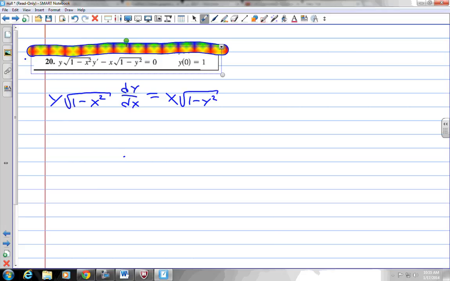Okay. So what should I do in order to get y's on one side and x's on the other side?